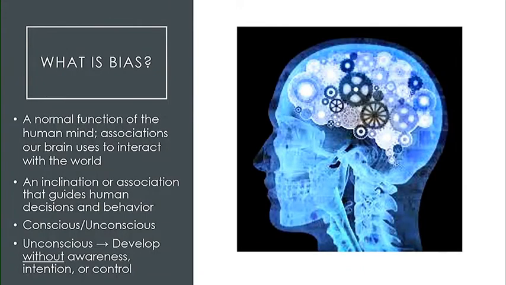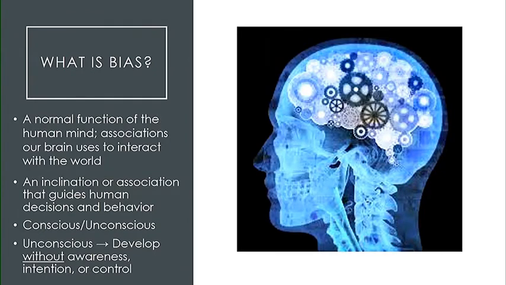So what is bias? We often think about this in the statistical context, and there are multiple forms of bias, and we think about how it can skew our data and the interpretation of data. But in the neuropsychological context, we think of bias as a normal function of the human mind.